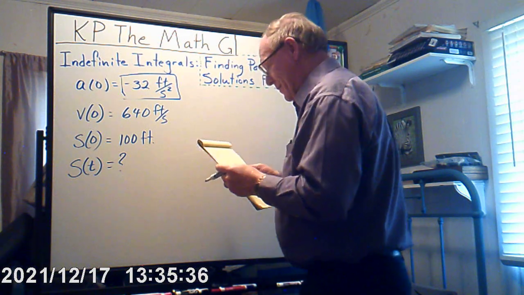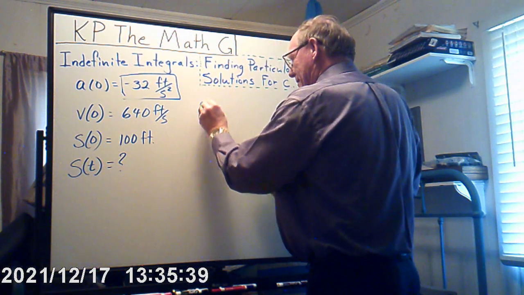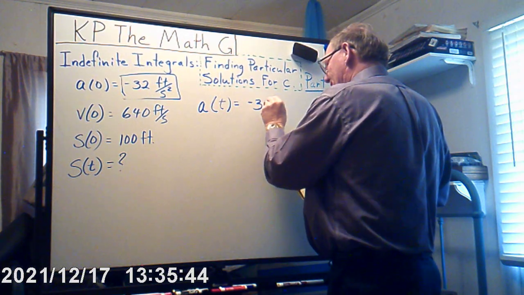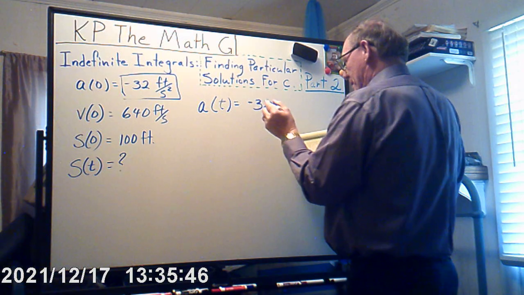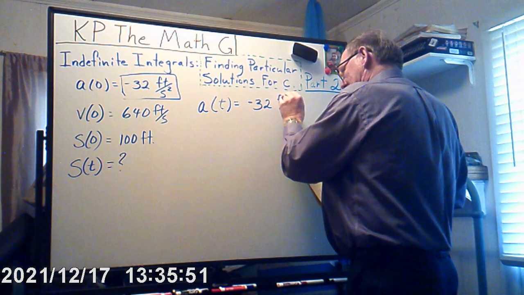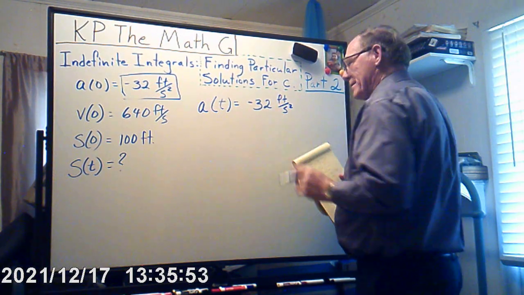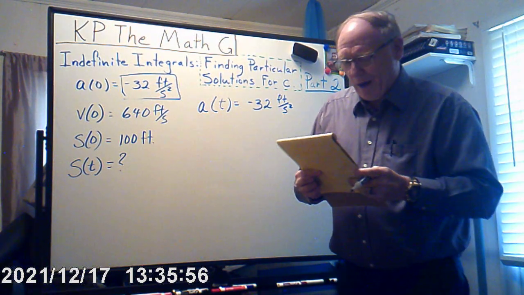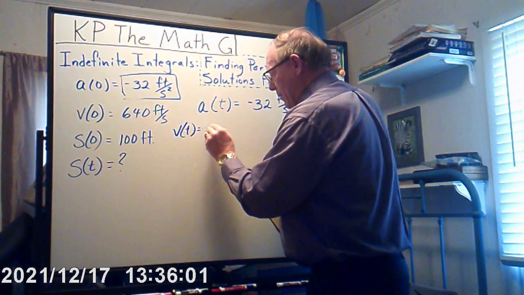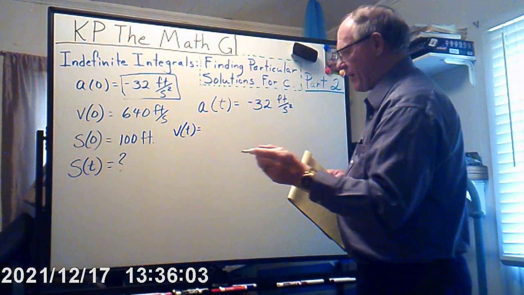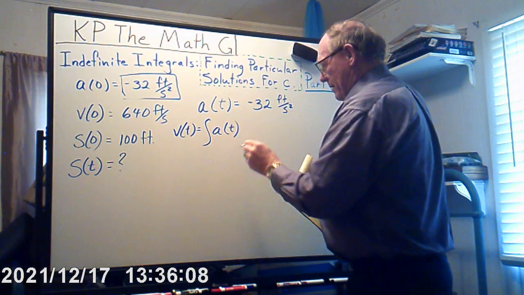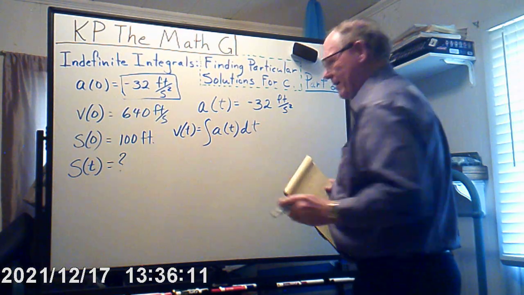So we're saying then that a at t is equal to negative 32 feet per second squared. Now what I want to do is find v at t, which is the antiderivative of a at t, dt.